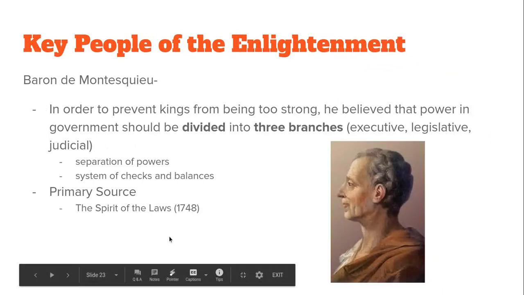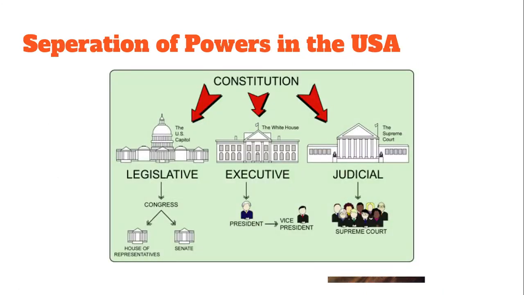Now, how does this apply to, say, the United States? Well, take a look at our government, all right? We have a separation of power in our government, all right? And the legislative branch is going to be there to help create laws. An executive branch will be there to enforce laws, and the judicial branch will be there to interpret laws. All right.